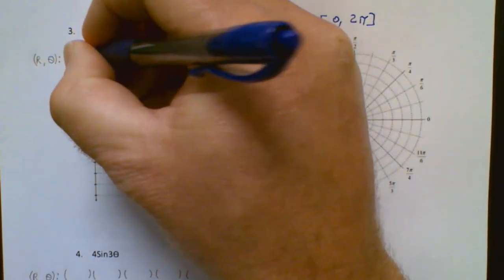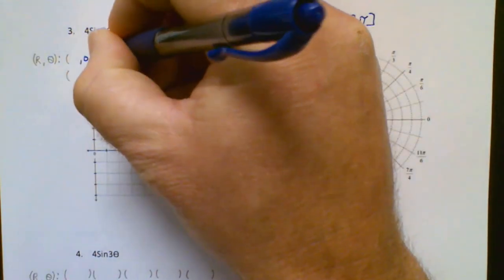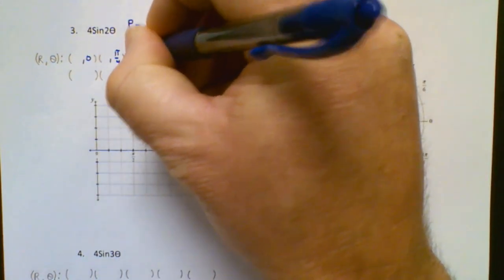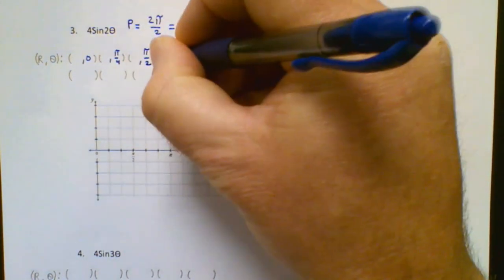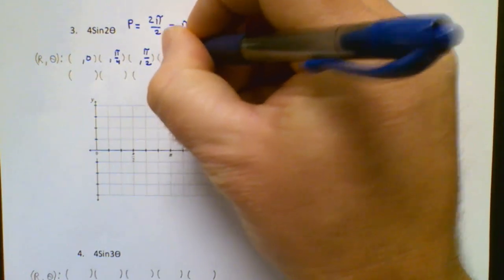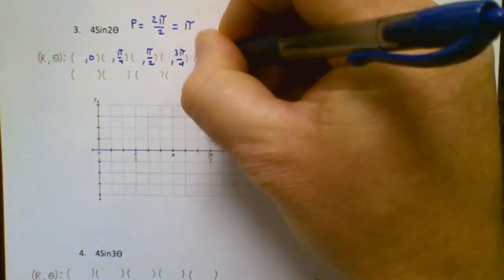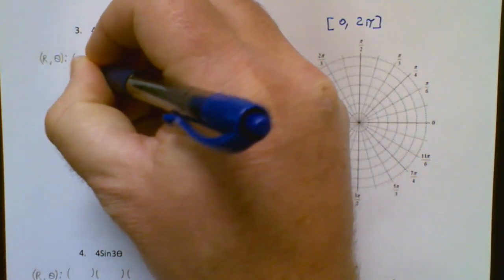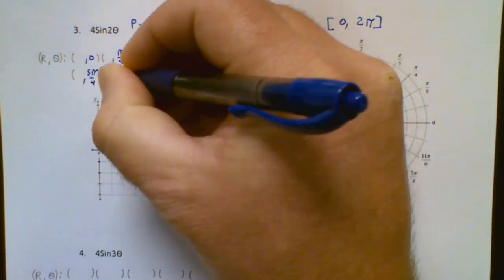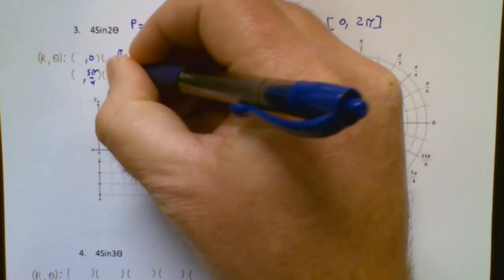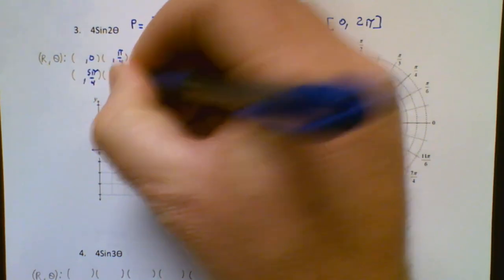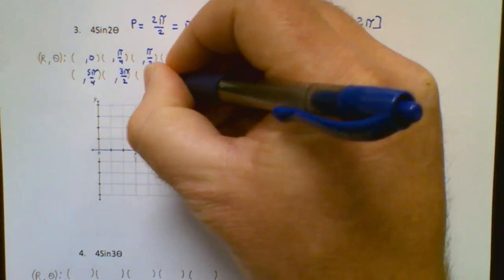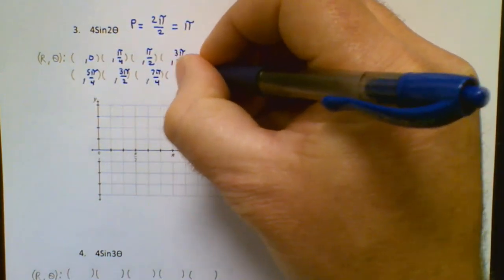So we're going to start at 0. I'm going to need pi over 4, 2 pi over 4, 3 pi over 4, 4 pi over 4, 5 pi over 4, 6 pi over 4, 7 pi over 4, and 8 pi over 4.